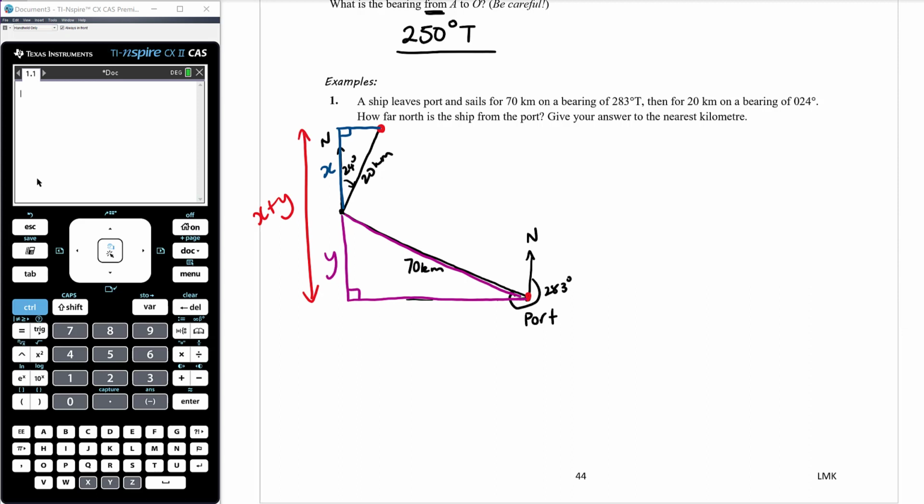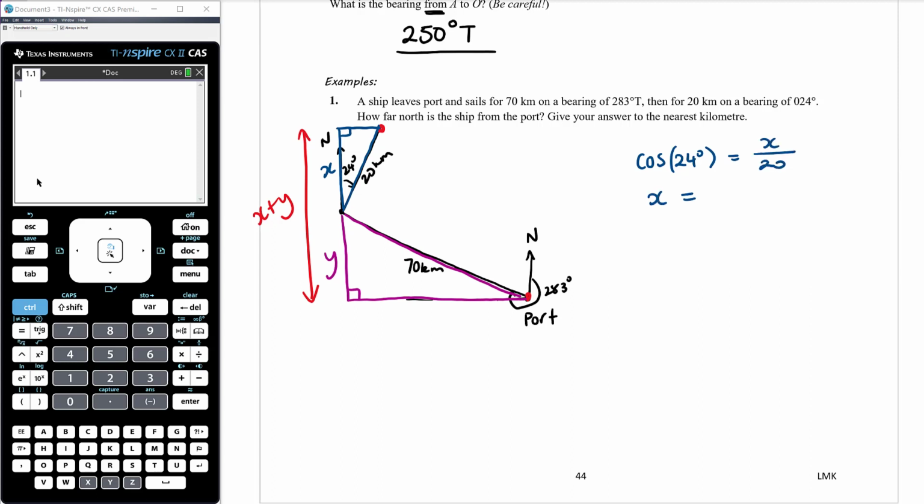Alright, so in the blue triangle, we've got the 24 degrees. We're trying to find x, which is the adjacent side. We have 20, which is the hypotenuse. Adjacent and hypotenuse means cosine. Right-angled triangles, so we can use SOHCAHTOA. So cos of 24 degrees is adjacent, which is x, over hypotenuse, which is 20.